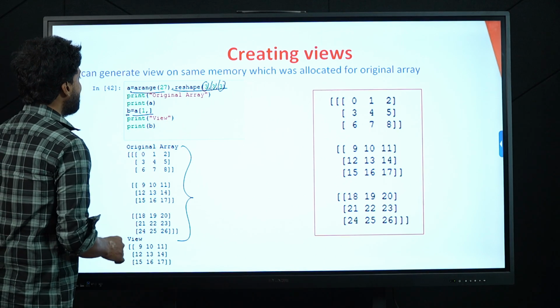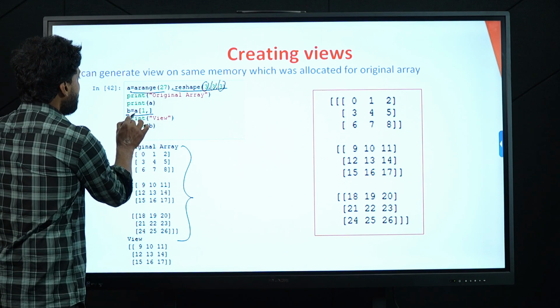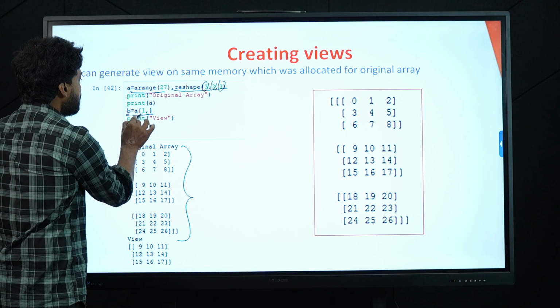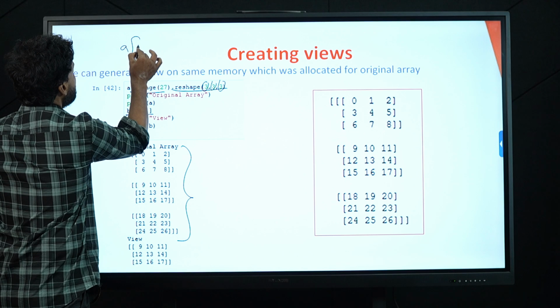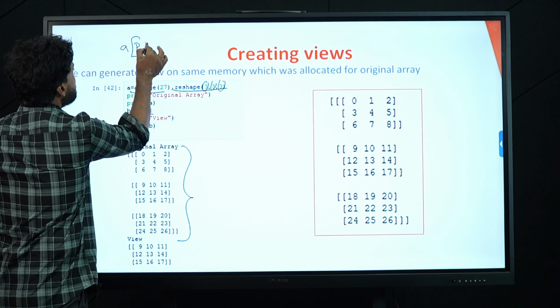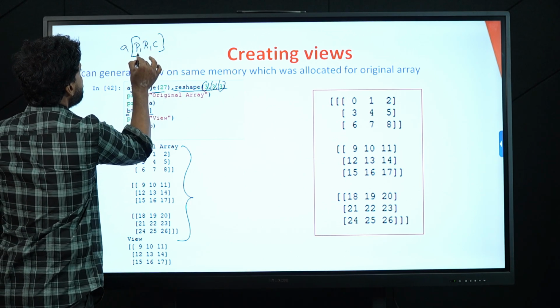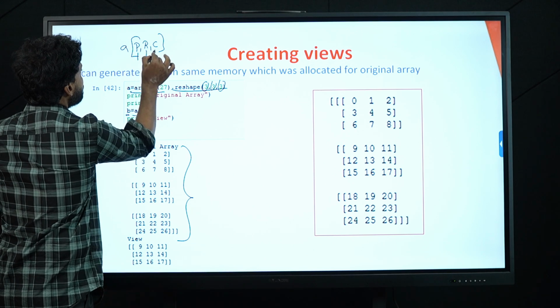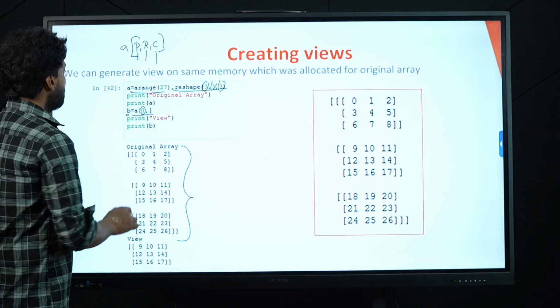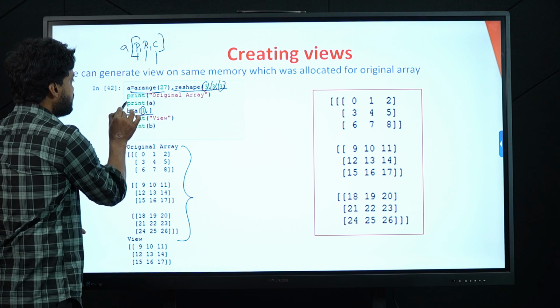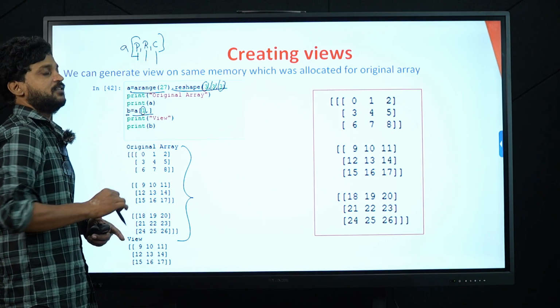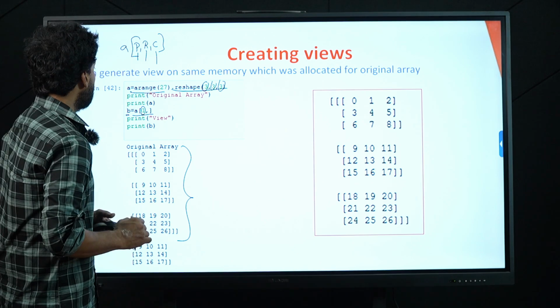Now here, what is the slice I am taking? In A, I have taken only the first page, because A is of some pages, some rows, and some columns. P is the pages, R is rows, C is columns. Here we have given only one parameter to A, as we are passing the view to B. What will be taken?